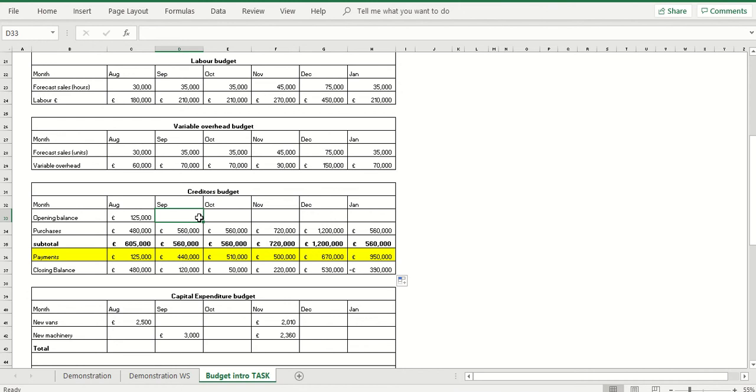And it is simply like with the debtor budget, the opening balance is going to be the same as our closing balance, given that nothing changes, and we assume that it won't. So our opening balance is going to be the same as our closing balance. We can now drag that across as well.